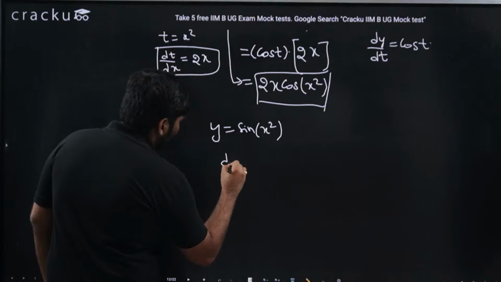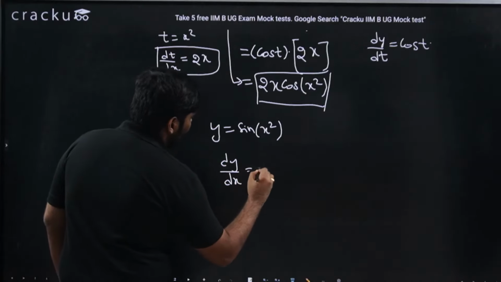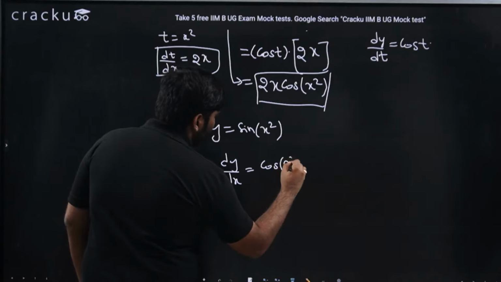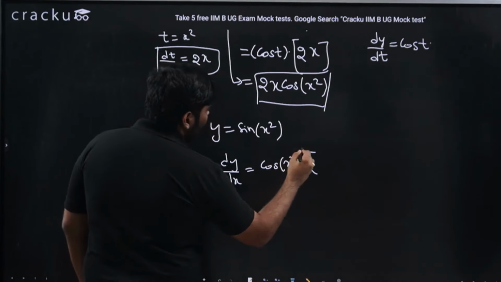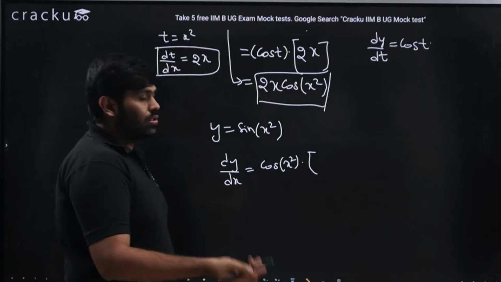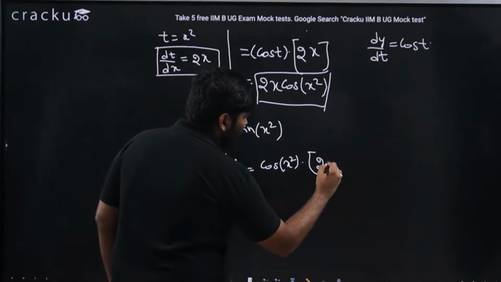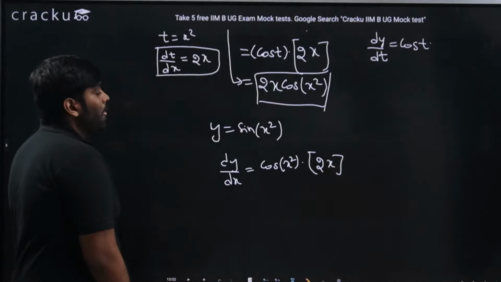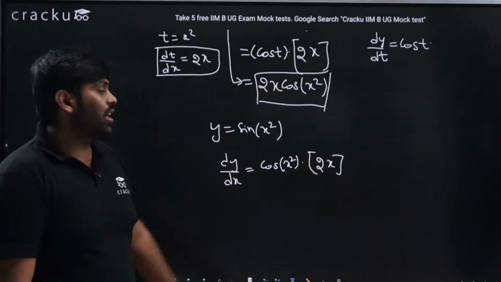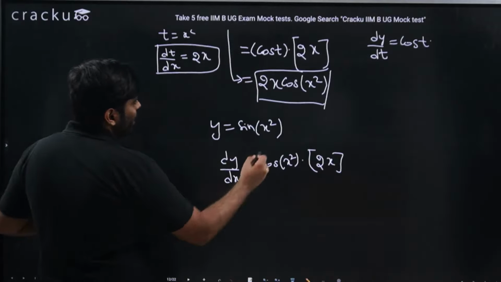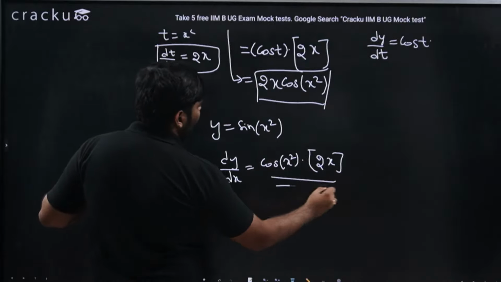Implicitly, the differentiation is cos of x square, but the function inside the sine is also differentiated, so we get into 2x. This is the chain rule. Basically, we took x square as t and we end up getting this.